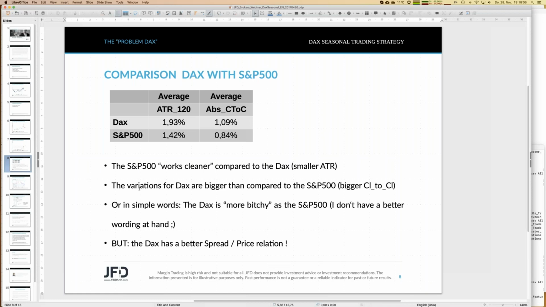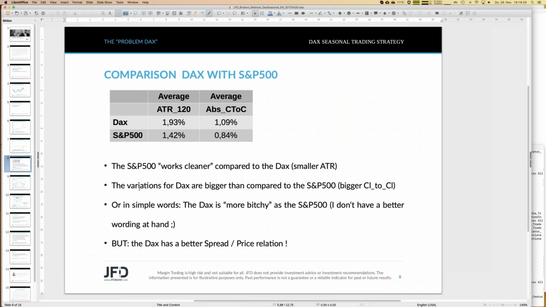So it's 1 to 7,500. That's close to double as expensive compared to the DAX. So trading the S&P 500 is, let's call it, more expensive when it comes to the relation between spread and price.